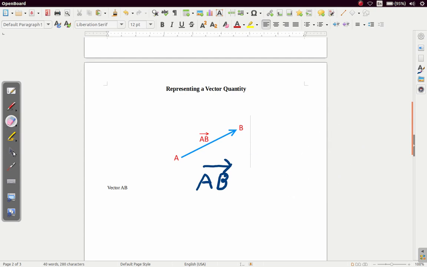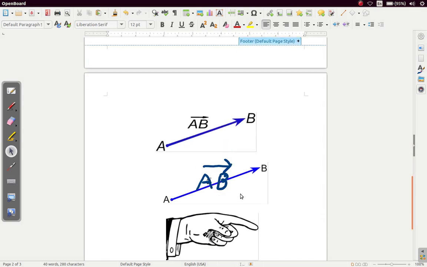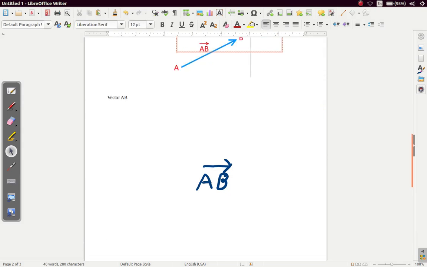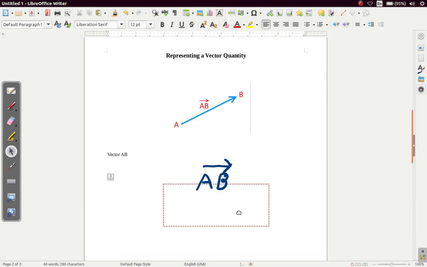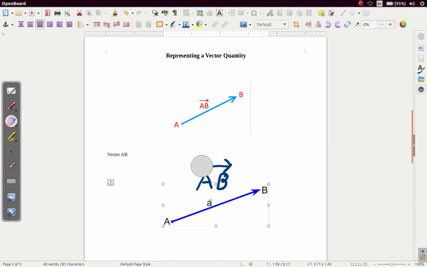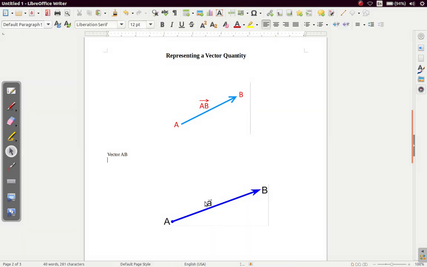Now the thing is, you have another way of writing the vector. Like this. Let me carry my other representation up and get my AB out of the way here. Instead of writing the two letters AB, you can just write one letter, A. If you're writing in a notebook, you can write this A with the arrow under it.